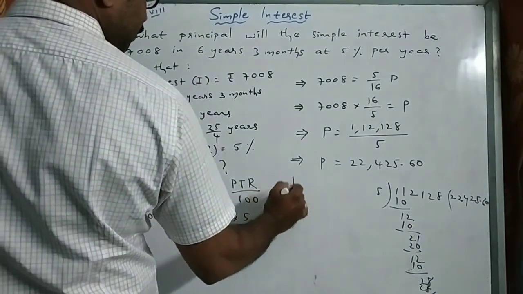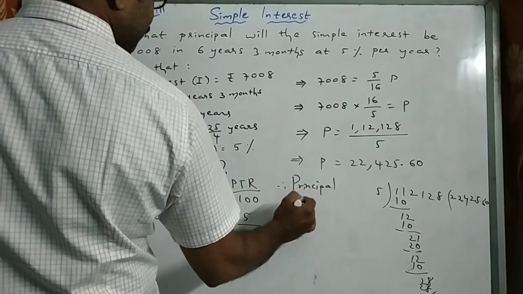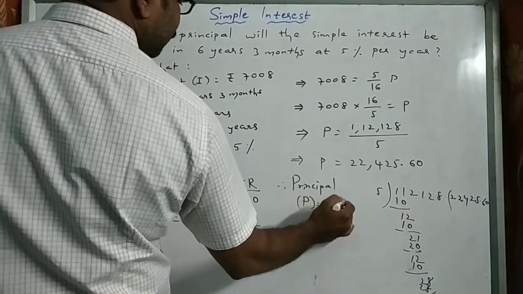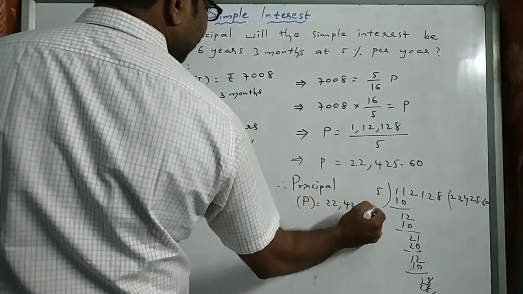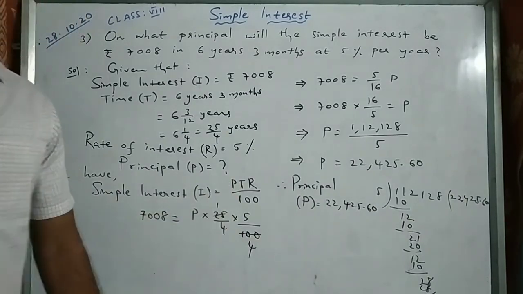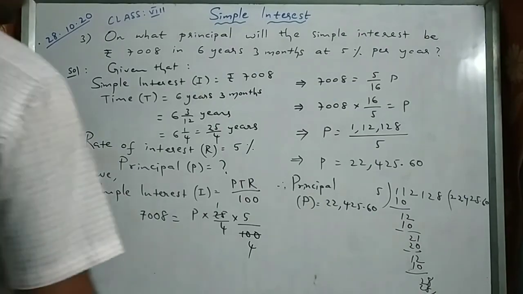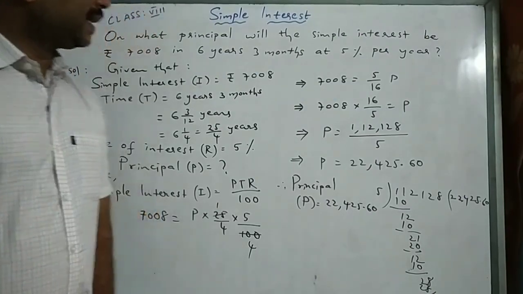So therefore, what is the principal amount? 22,425.60. So this is the way in the simple interest formula. If there is any missing quantity, we can find it. Okay? We will see some more in the next class. Thank you.